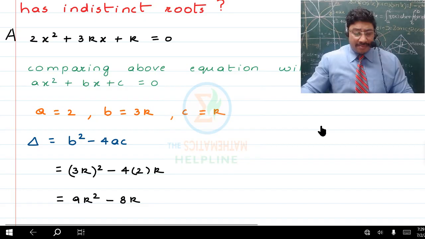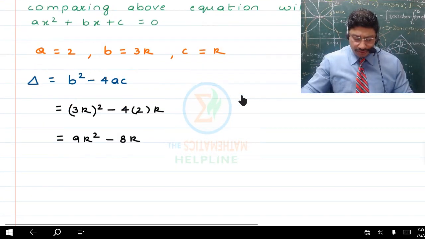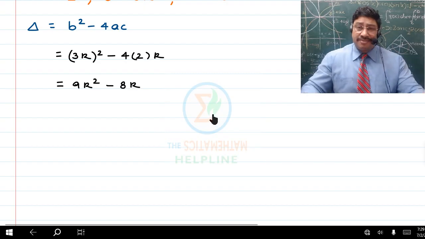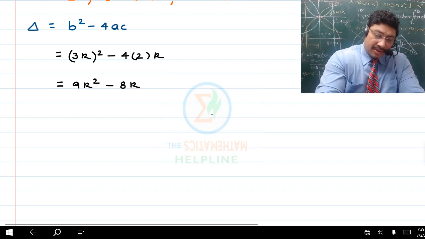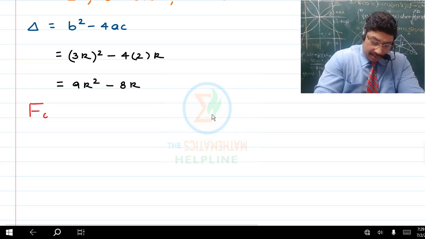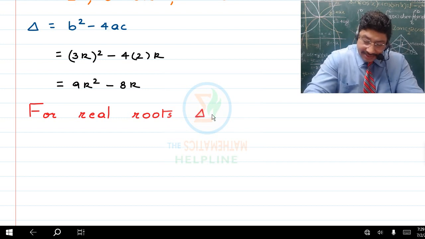Now children, remember, we have to find out distinct real roots, right? So we will directly come to the concept of real roots first. So we will say that for real roots, we should have the discriminant delta greater than or equal to 0.